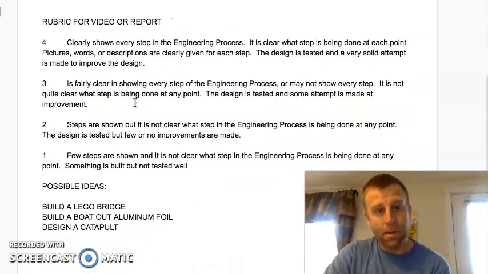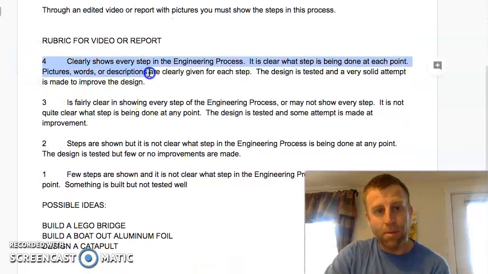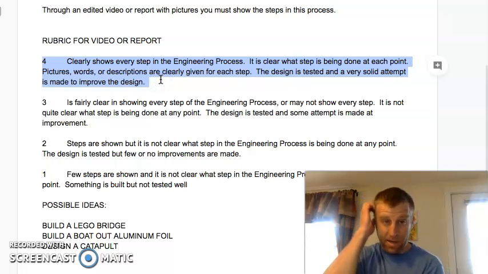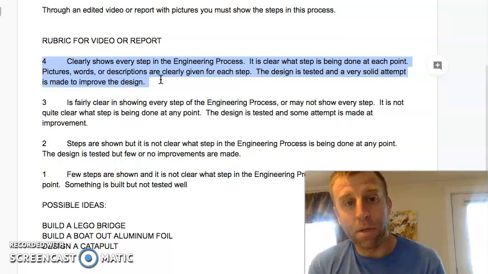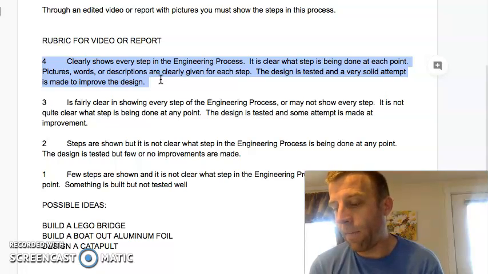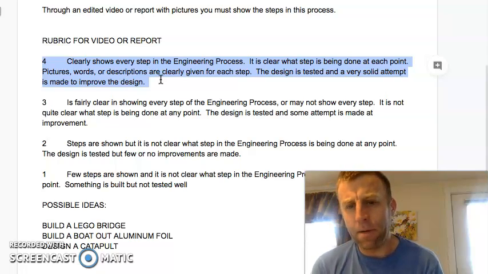All right, here's what I'm looking for, on a 4 out of 4 type of score. Do you clearly show every step in the engineering process? So if you're making a video, it's very clear. Hey, right now I'm going to define the problem. Here's the problem, or the goal, or the thing I'm trying to accomplish.